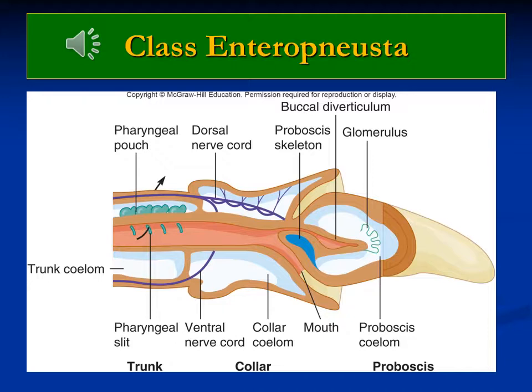They have widely distributed unspecialized sensory receptors, and most of what they're relying on for gas exchange is diffusion across the body wall and pharyngeal slits. I think those extensions at the posterior end of the animal, a few slides back, were increasing surface area for some of those exchanges to occur.